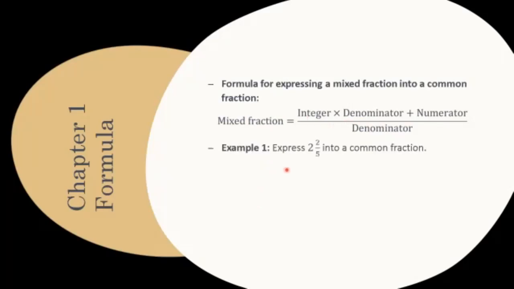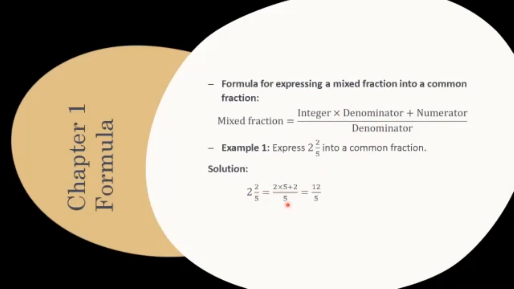Now example 1: express 2 whole 2 divided by 5 as a common fraction. How can you do this? Let me show you. From the formula, the mixed fraction equals the integer, that is 2, multiplied by the denominator, which is 5, plus the numerator, which is 2, divided by the denominator.